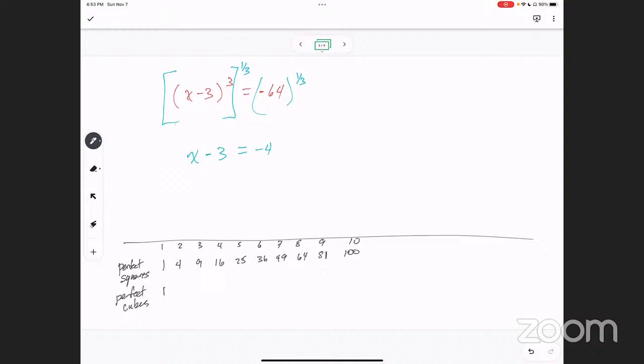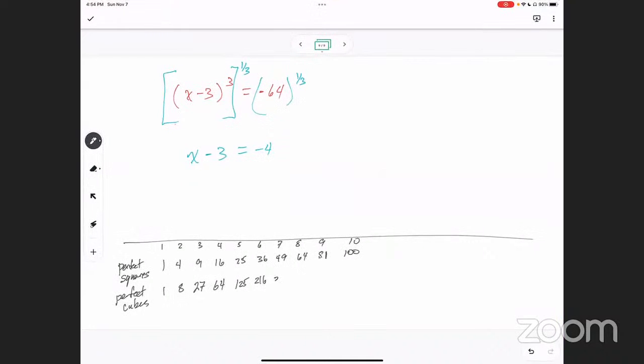Perfect cubes are also good to have memorized. 1 cubed is 1, 2 cubed is 8. I'm multiplying each of these by that number again: 27, 64, 125. What's 36 times 6? 216. And 49 times 7? 343.